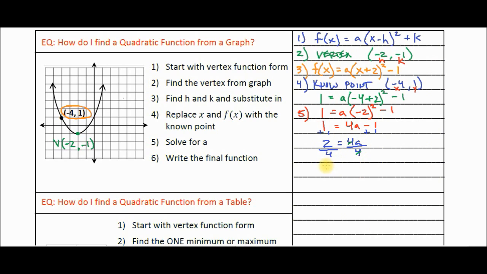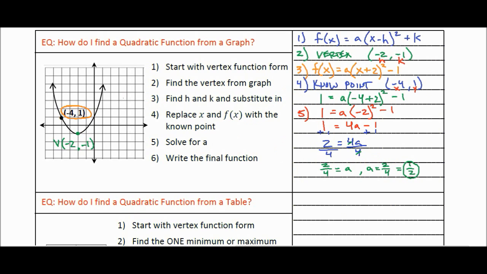And we're going to end up with 2 over 4 equals a. So therefore a is equal to 2 over 4, which we can simplify to be 1 over 2. So our a value turns out to be 1/2. And now that we found the value of a, we've solved for a.